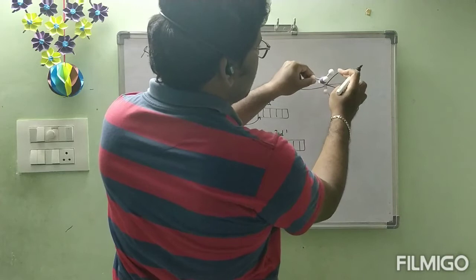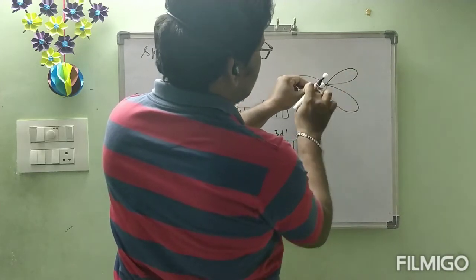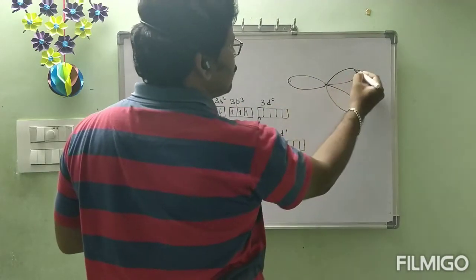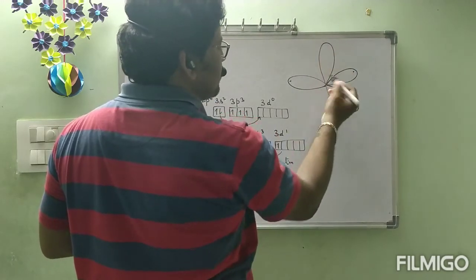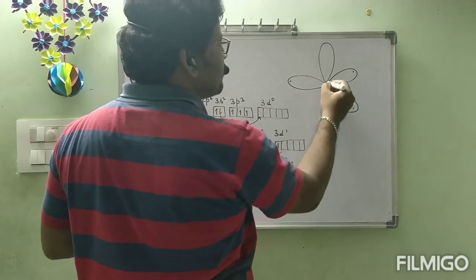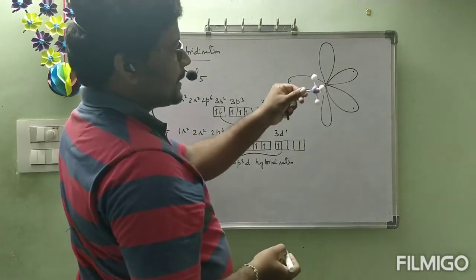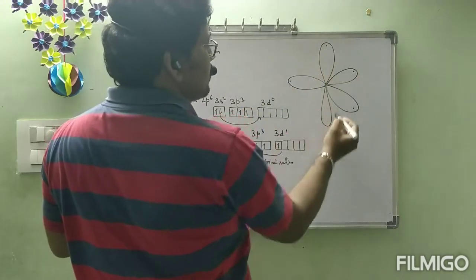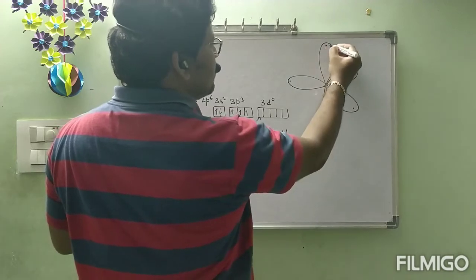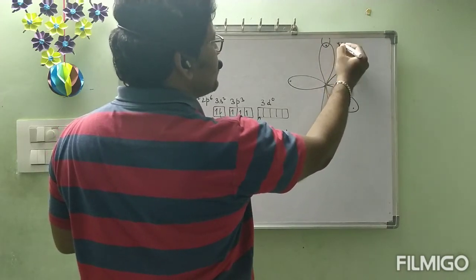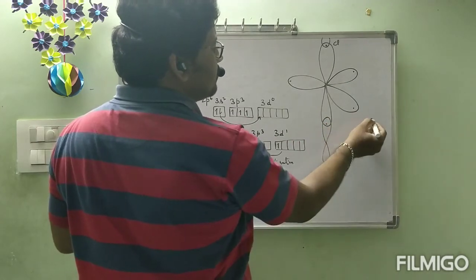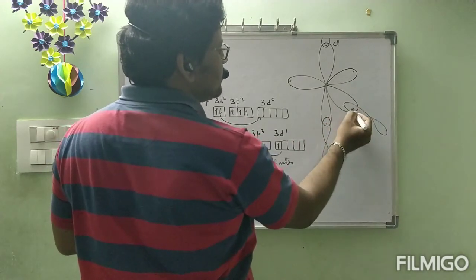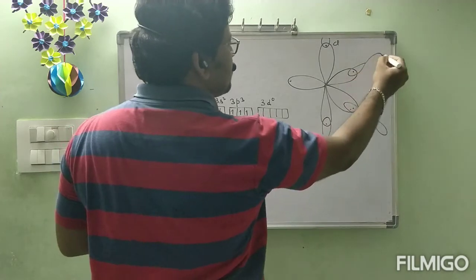These three contain one electron each. One orbital will be from above the plane, another orbital will be from below the plane, each containing one electron. From here, one chlorine will approach. From here, one chlorine will approach. From here, one chlorine will approach. Like this.